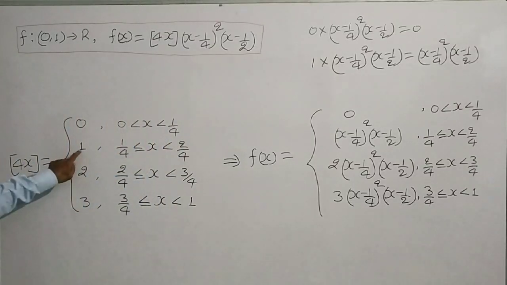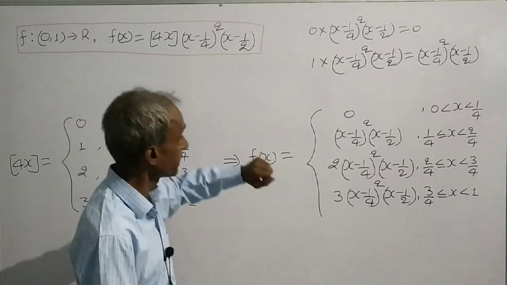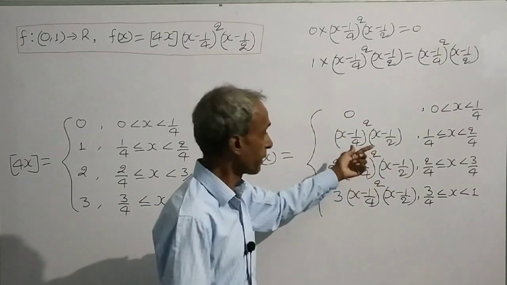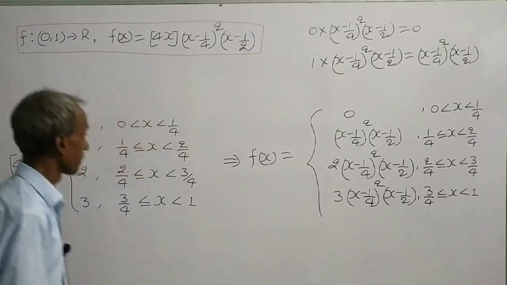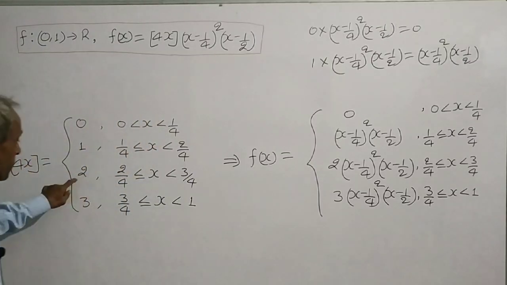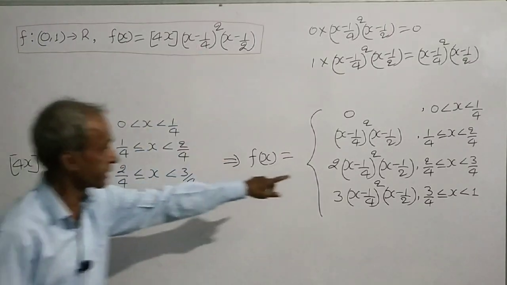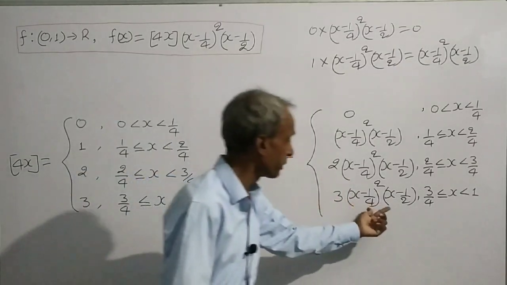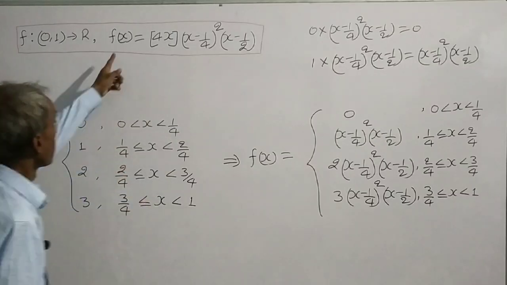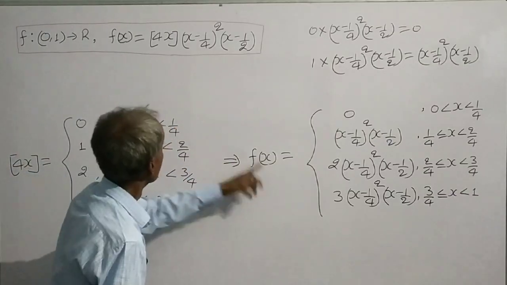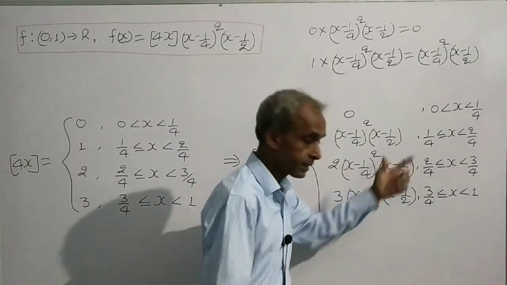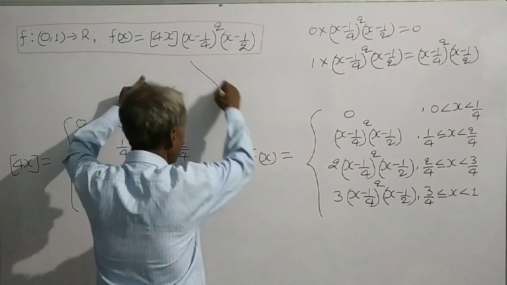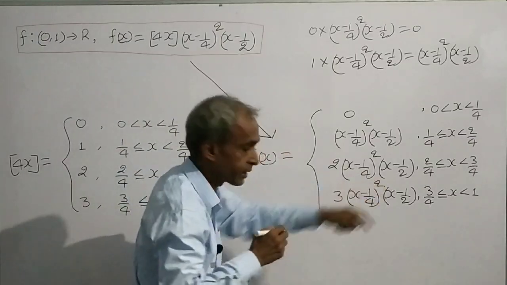Similarly, when we multiply 1 by this expression, we get this expression, and we write it here. Similarly, when 2 is multiplied by this expression, we get this. When 3 is multiplied by this expression, we get this. Therefore, this f(x) will be equal to this. That means this function f(x) can be written in this form.